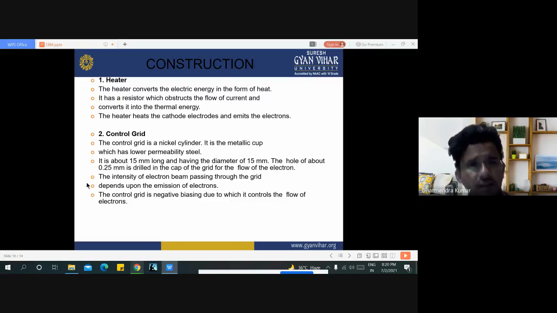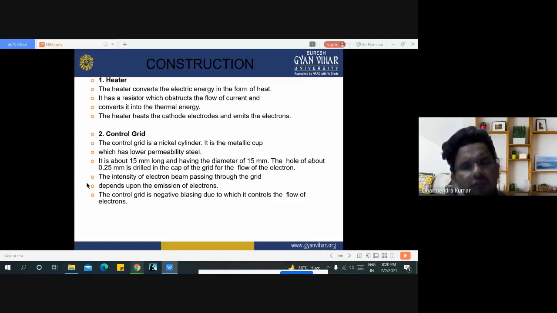First one is the heater. The heater converts electric energy into heat. It has a resistor which obstructs the flow of current and converts it into thermal energy. The heater heats the cathode electrode, which emits the electrons. Now the control grid. The control grid is a nickel cylinder. It is a metallic cup made of lower permeability steel.